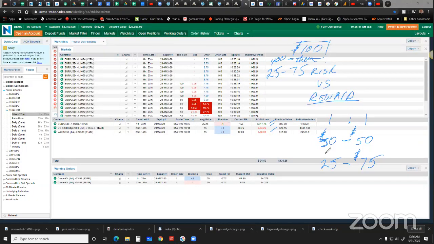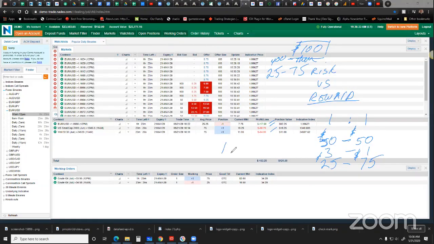Then because it fits into it 3 times, this is a 3-to-1 risk to reward. Now I'm risking $75 to win 25. So my reward is 25. My risk is 75. So that's a 3-to-1 risk to reward.